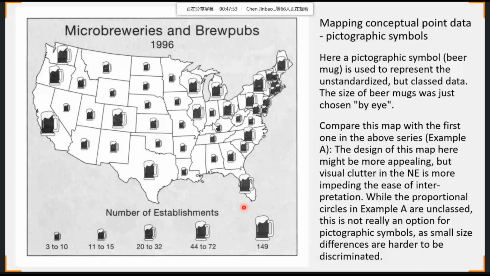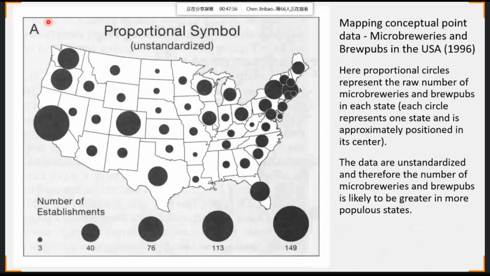So I go back to the first one here, example A. This is the same data, but you have a continuous data scale here. So these circles here, they just represent this one number. And of course, you have circle sizes in between, like that one here, would be in between here, and then you have to estimate the number that corresponds to that one.